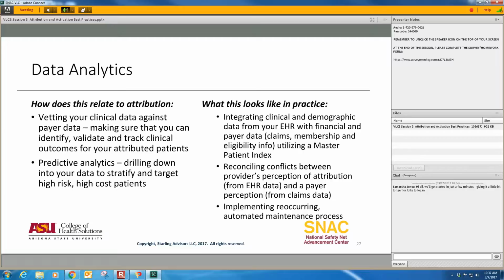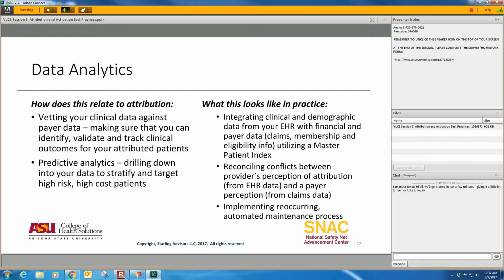So what this looks like in practice is integrating clinical and demographic data from your systems, from your EHR, with financial and payer data, which can come from claims, membership, or eligibility info, and making sure that you're able to track your patients across those two systems, and that your information matches across those two systems.